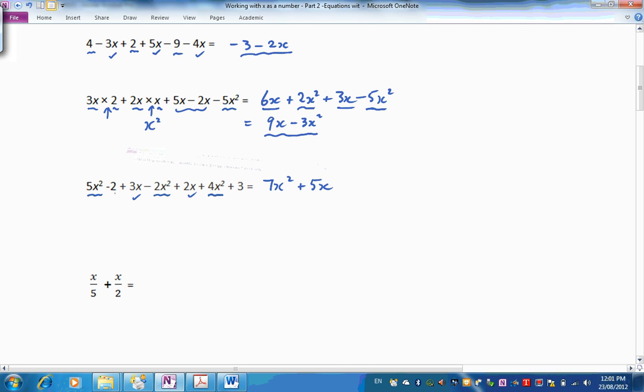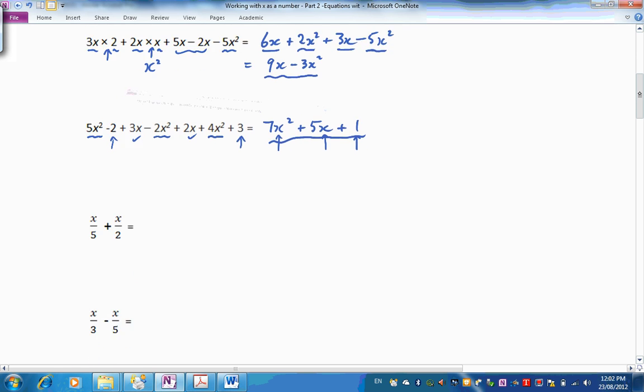Then we've got neg 2 and the other number here, plus 3, would be positive 1. So that's quite a big one. We've got 3 different terms, the types of terms there. We've got the x squareds, the x terms, and the numbers. So we've got to collect them up if they are like each other.